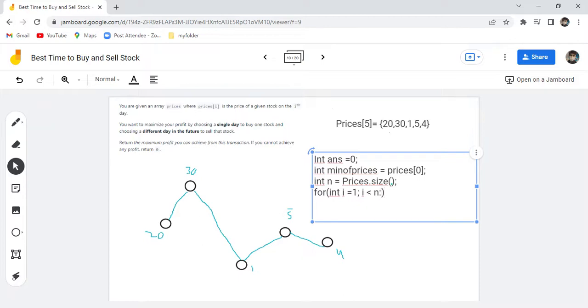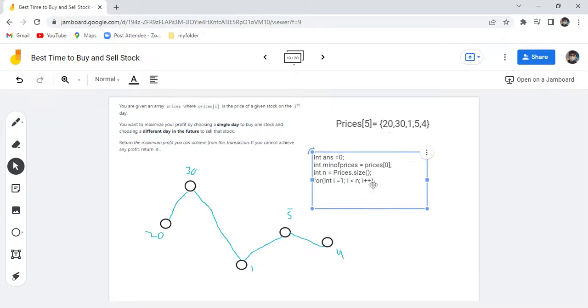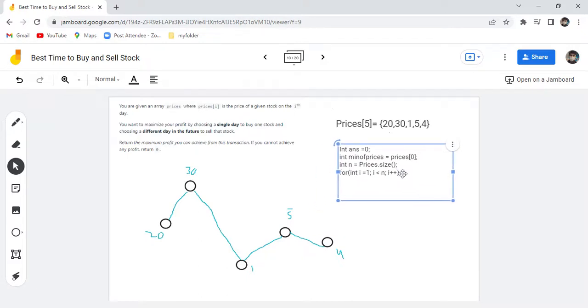I'm using C++ language, so it's a little bit easier to understand. Now in the loop, what we will do.